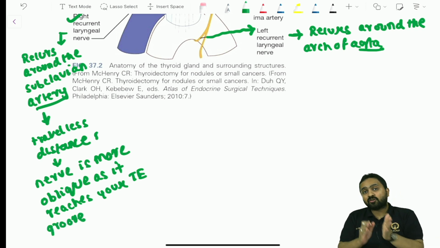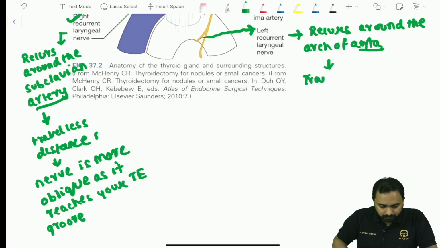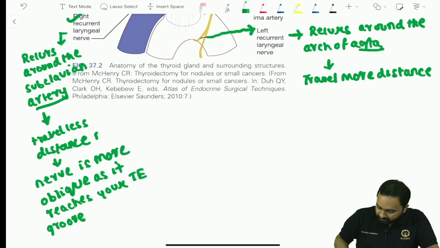Now, in case of the left recurrent laryngeal nerve, it has to travel more distance. Right. Now, since it is traveling more distance, it runs in the medial plane.